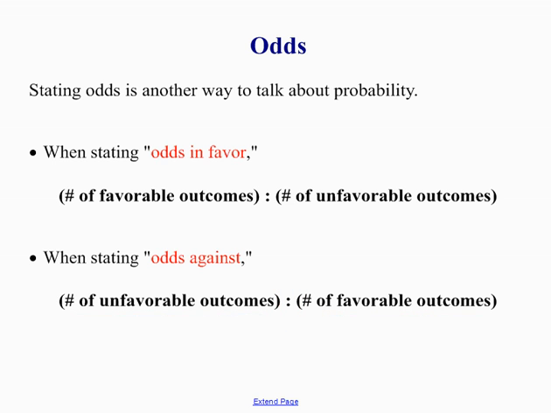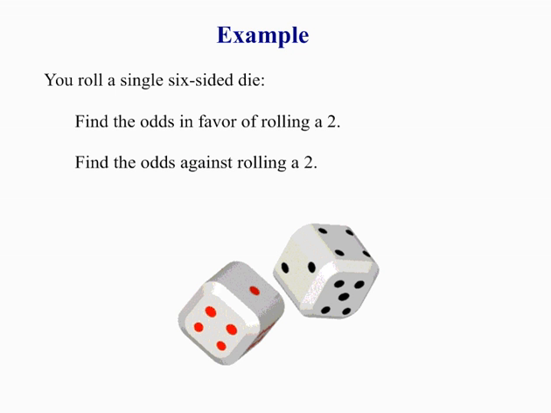So let's take a look at some examples. You roll a single six-sided die. Find the odds in favor of rolling a 2. So we want odds in favor, so we're going to state the number of favorable outcomes, which there's only 1, 2 on a die, to the number of unfavorable outcomes.